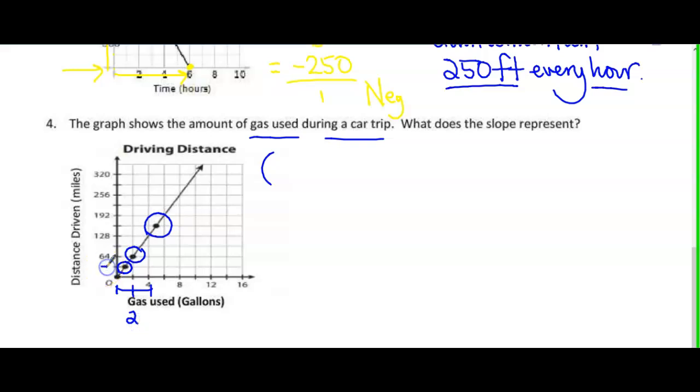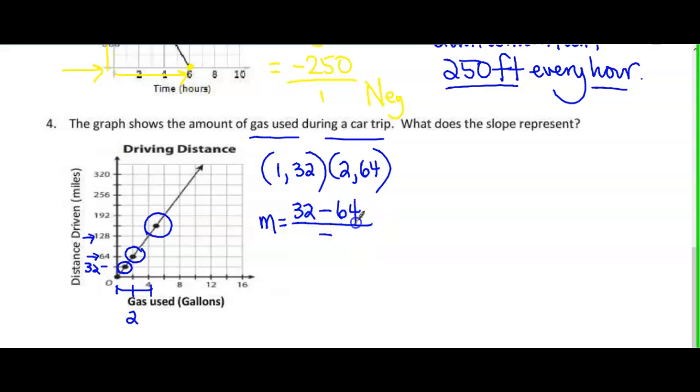And this is a dash, and then there's 64, and that's 64 more than 28, so this must be going by 32. So one of my ordered pairs is (1, 32), and another one I have is (2, 64). So I'm going to do the slope formula, minus, 32, 64, 1, 2. Slope is negative 32 over negative 1, which turns out to be positive 32 over 1.